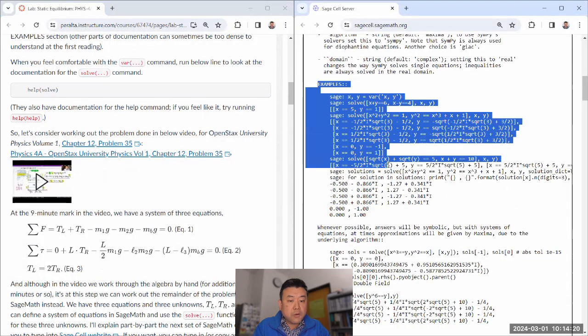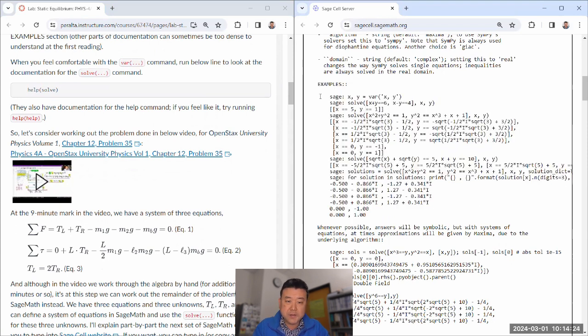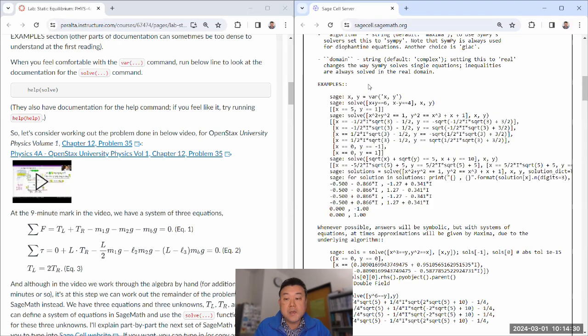I will follow through this example, even though I do it slightly differently. But let's just use this as a starting place, and if we want to change anything, we can. They also have documentation for the help command itself. If you feel like it, try running help. I think I kind of did it, so I won't do it again.